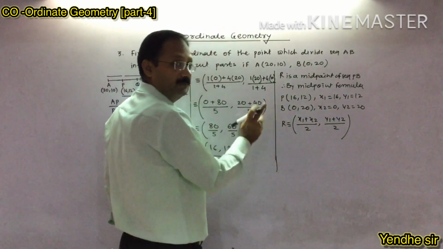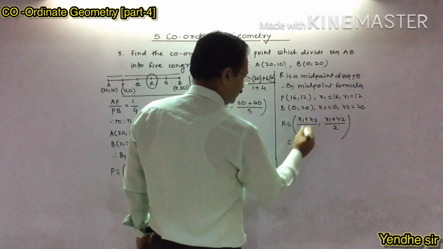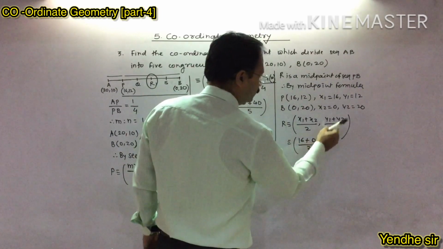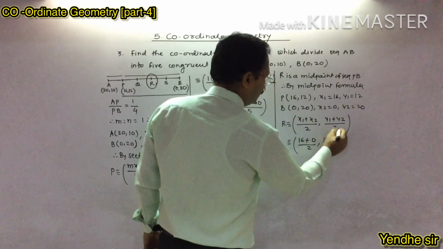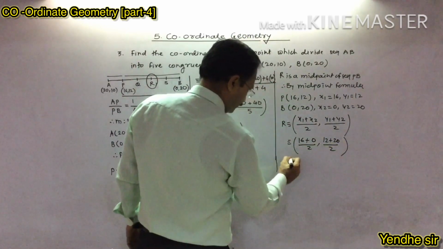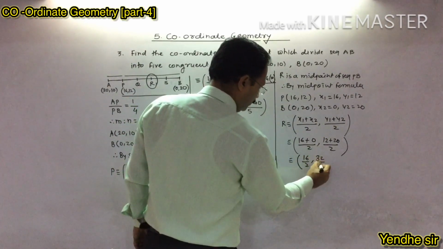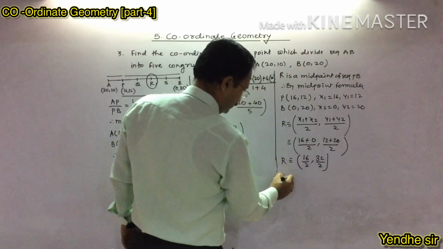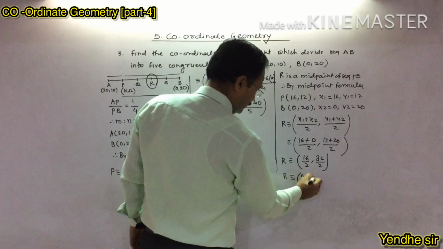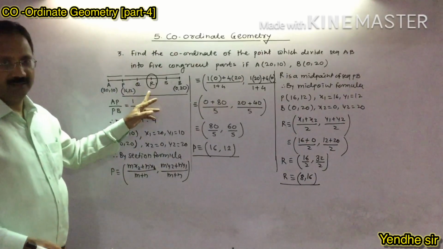This is the midpoint formula. Now substitute the values: 16 plus 0 upon 2, 12 plus 20 upon 2. So here you get 16 upon 2 and 32 upon 2. Therefore the R coordinates are 8 and 16. These are the coordinates of point R.